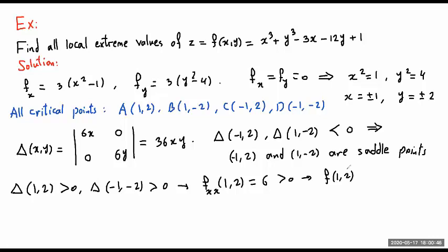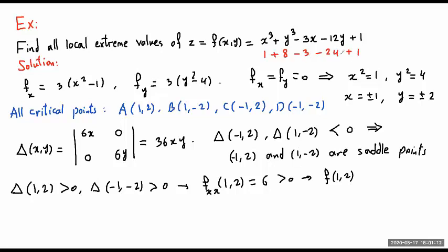So f(1, 2). What is the answer of f(1, 2)? Let's calculate. We have here, let's write in red, for example, 1, here 8, -3, -24, plus 1.